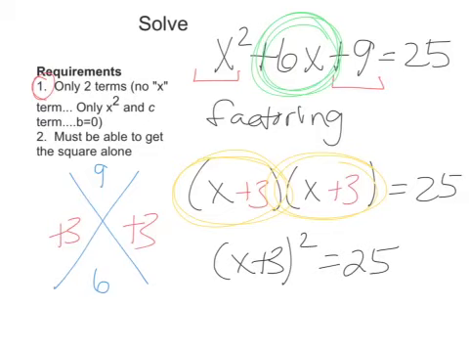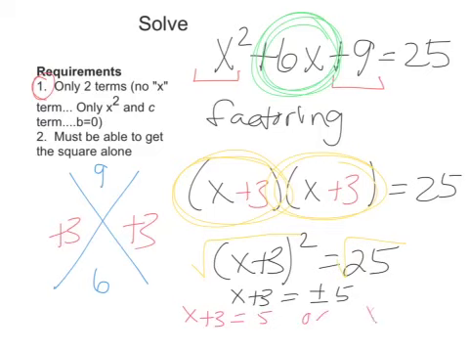So to undo the square, I'm going to take the square root of both sides. So I'd get x plus 3 is equal to plus or minus 5. I'd write my little two equations. x plus 3 is equal to 5, or it could be the negative one. x plus 3 is equal to negative 5, which would give me the solutions x equals 2 or x equals negative 8. So just a special case there.